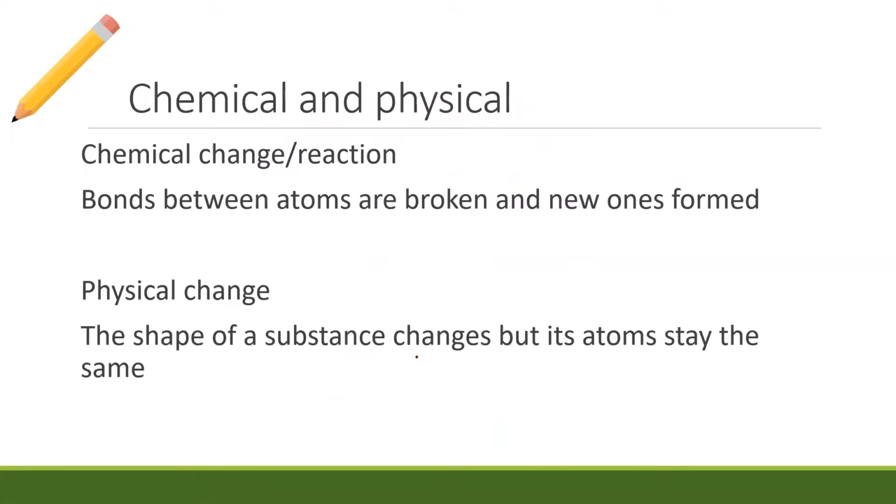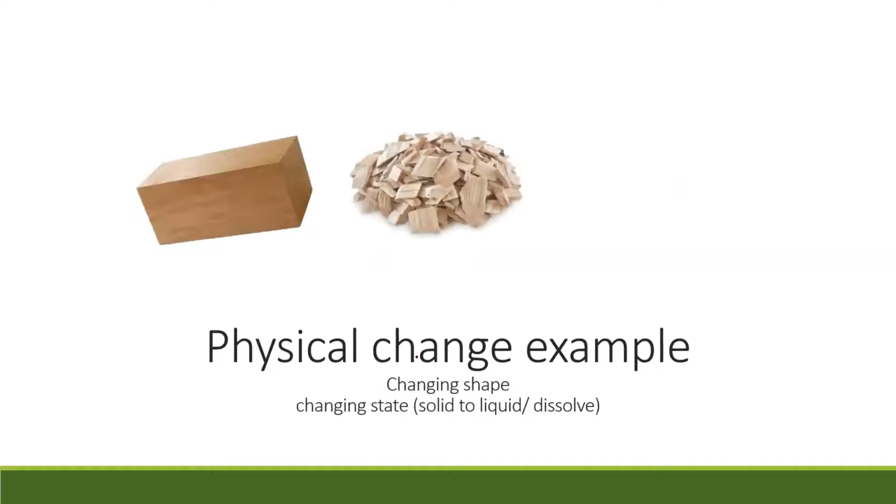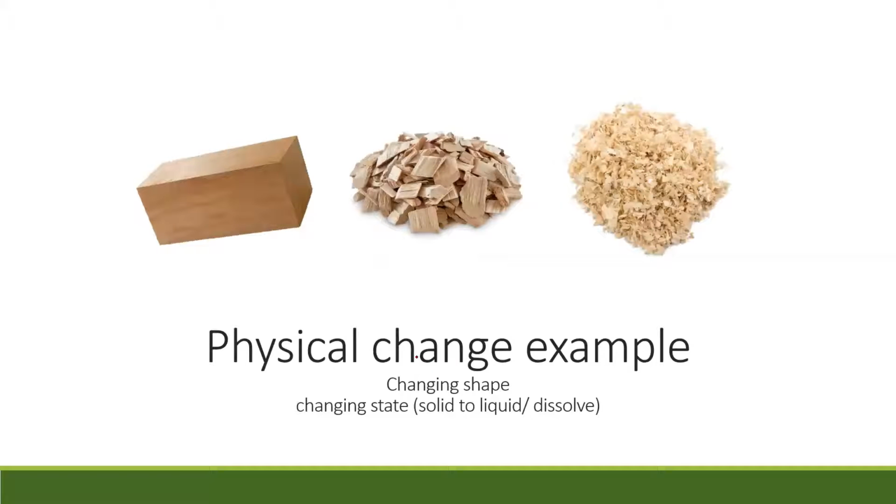So yeah, we talked about chemical and physical change. Physical change is all about just changing something. You can either change the shape or you can change the state. So like dissolving a solid in a liquid. The theory here is that you could put all these blocks of wood together to get back to the big block of wood on the left if you had enough time eventually.